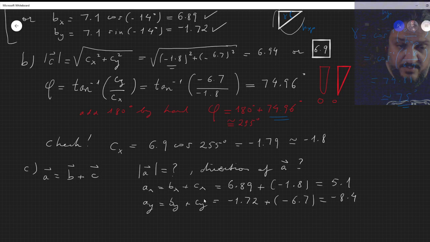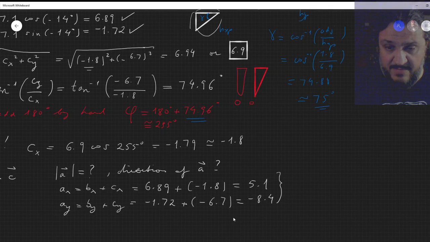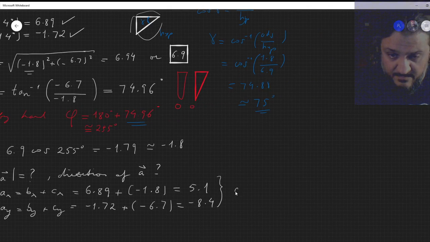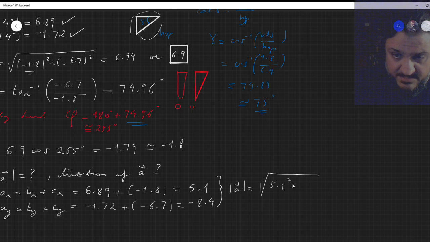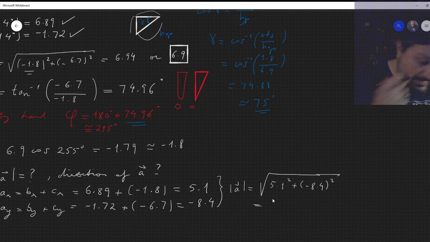Those are the x and y components of A, from which we can find the magnitude of A. Square root formula, right? 5.1 squared plus 8.4 squared. That's 96.57, take the square root of that, 9.8.